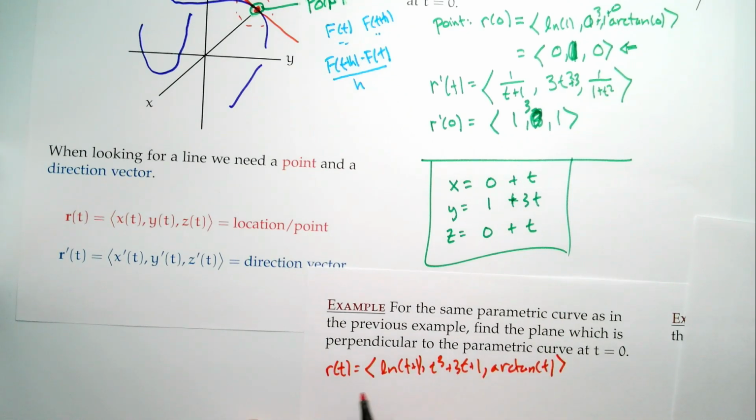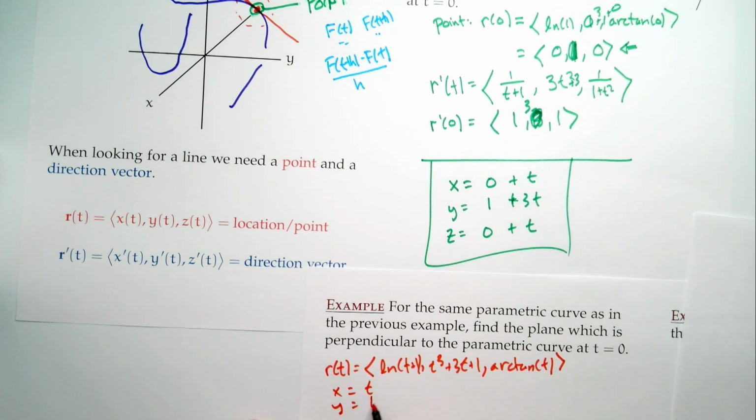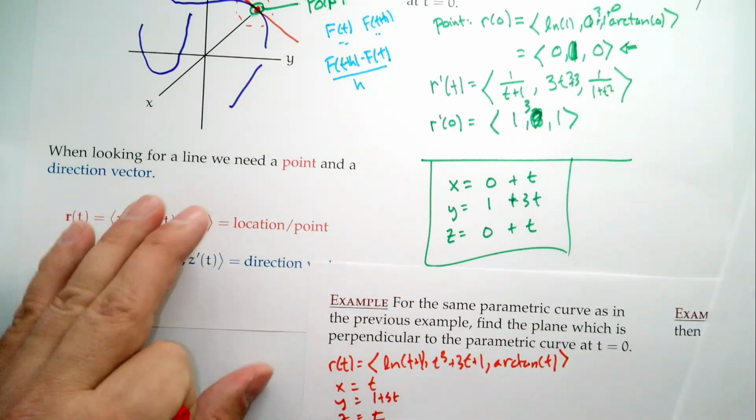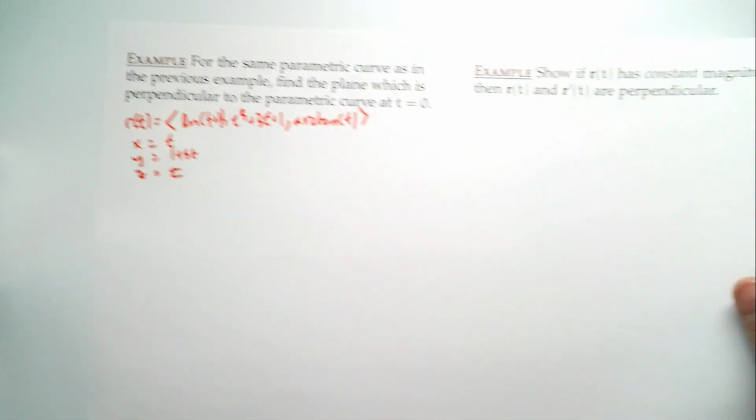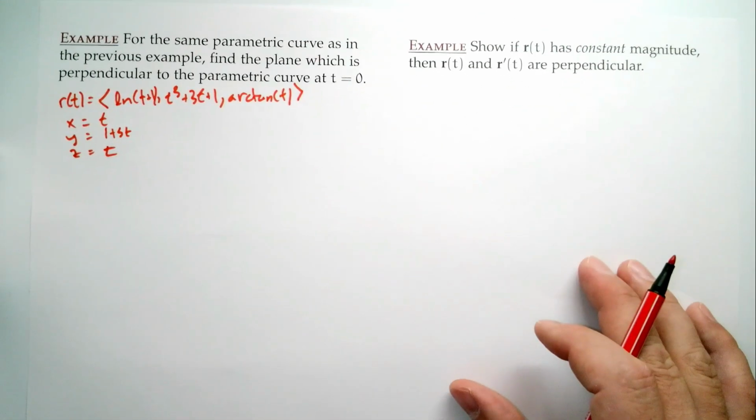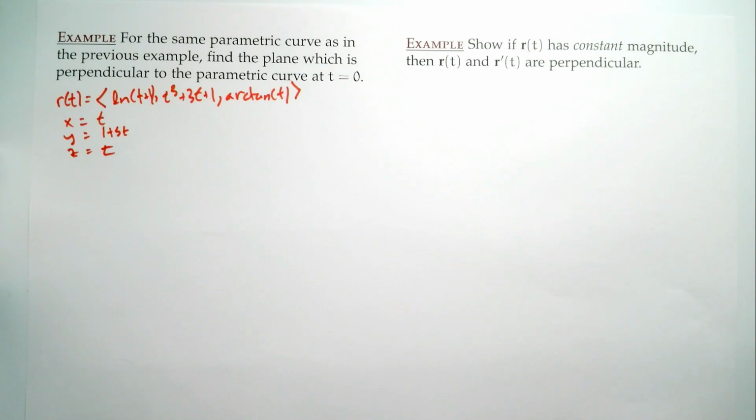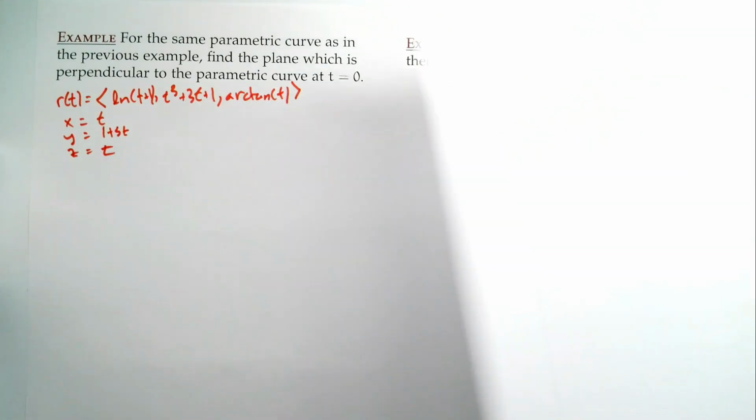And the line, again, we'll write that down for reference: x equals t, y equals 1 plus 3t, and z equals t. Okay, so for that same parametric curve, find the plane which is perpendicular to the parametric curve at time t equals 0.